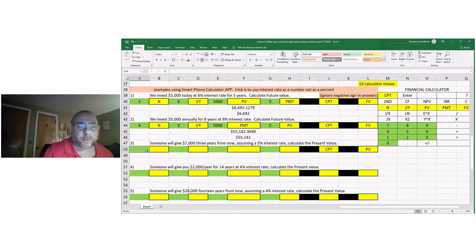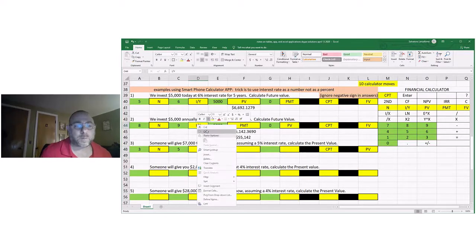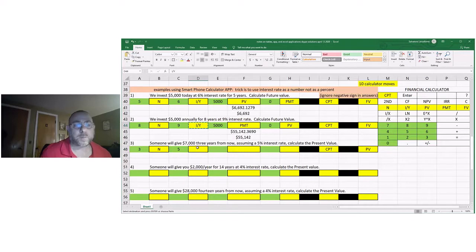It looks like we've got 3 periods, so that would be 3N. The interest rate is 5%, so we're going to type in 5 for I/Y. They're giving us $7,000 3 years from now, not $7,000 every year, $7,000 one time.